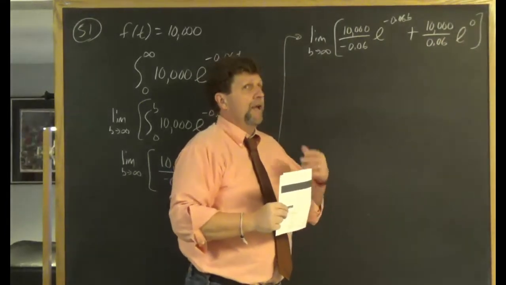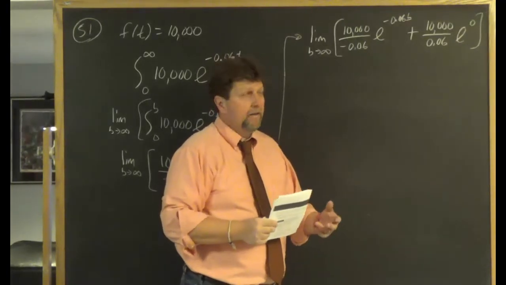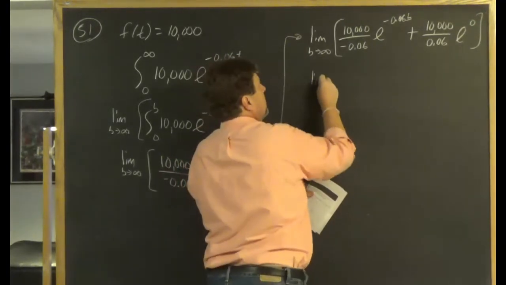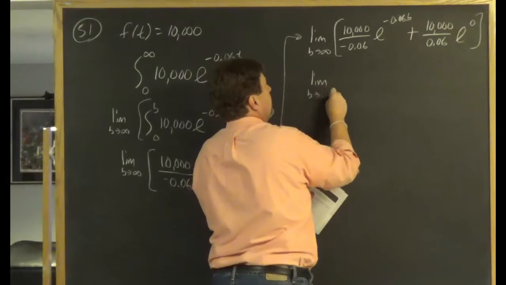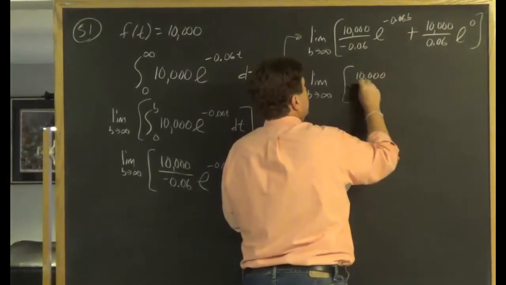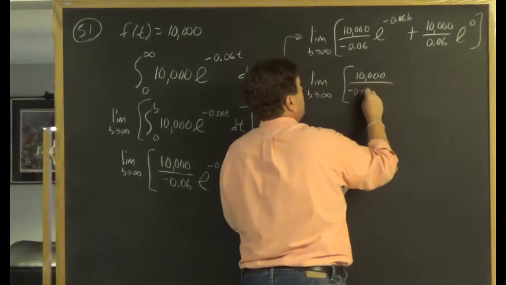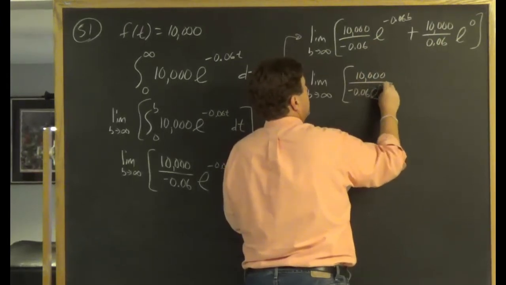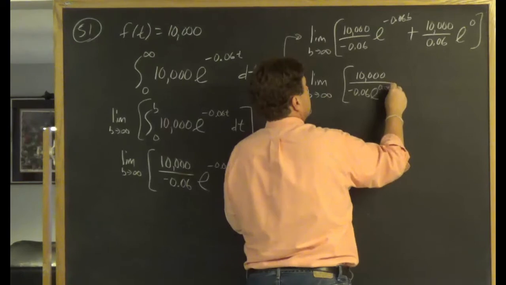We know e to the 0 is 1. So we have the limit as b goes to infinity, 10,000 over negative 0.06 e to the positive 0.06b.